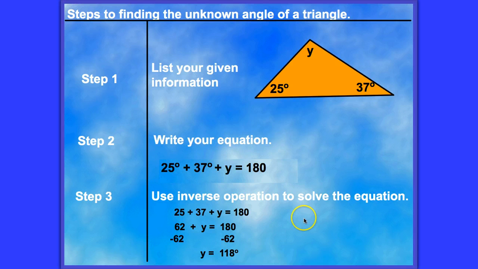A number of you went a step further, remembering what I have always told you to prove your work. And you had 25 plus 37. Now that we know that missing angle, we don't have y anymore. We have 118 degrees equals 180.